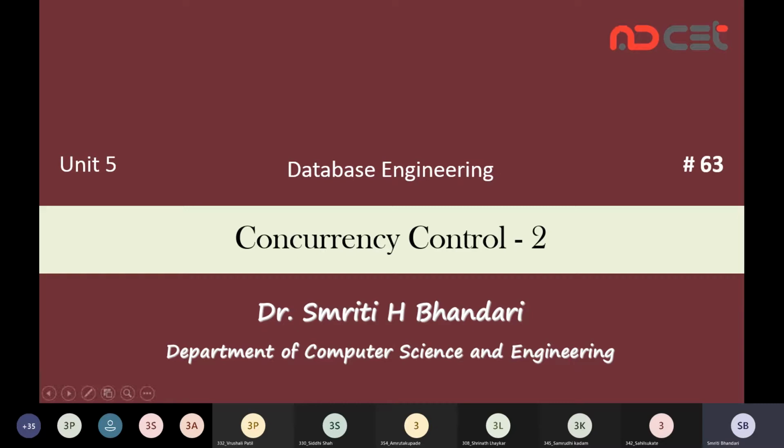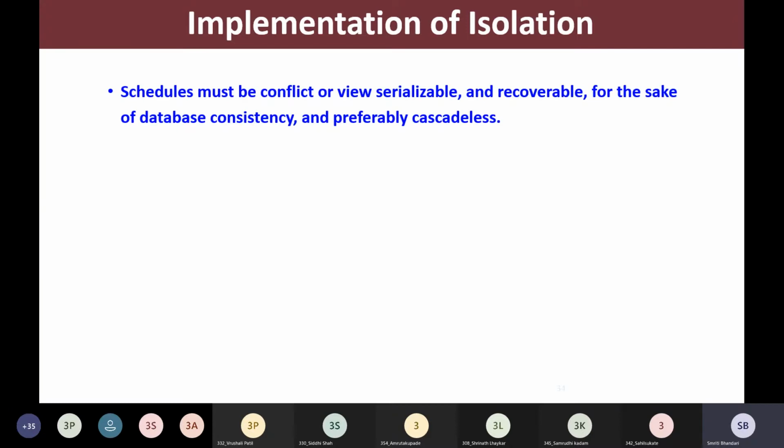So in the last class, we have gone through the basic concepts related to concurrency. And today we are going to extend the same discussion so that we can cover a few more concepts. So we have seen earlier that any transaction must satisfy 4 important properties.